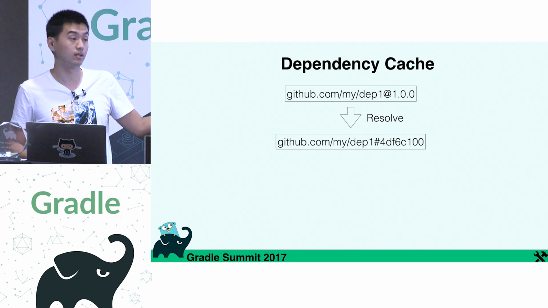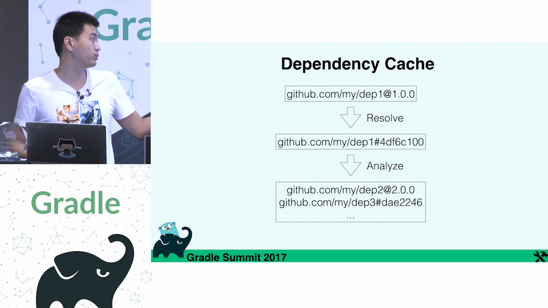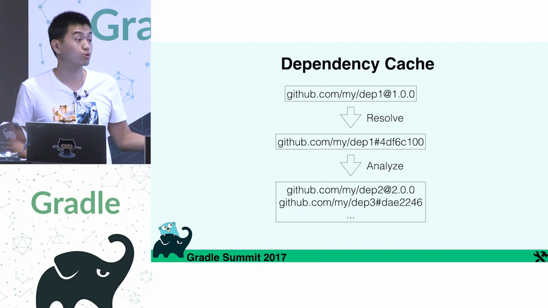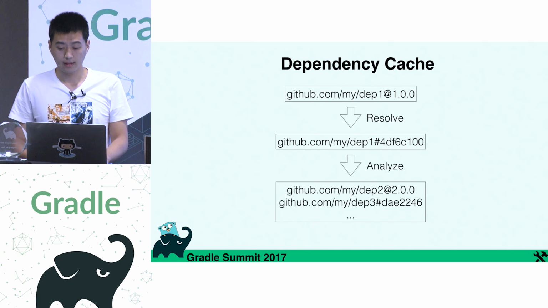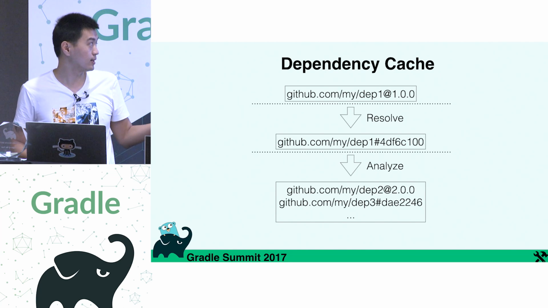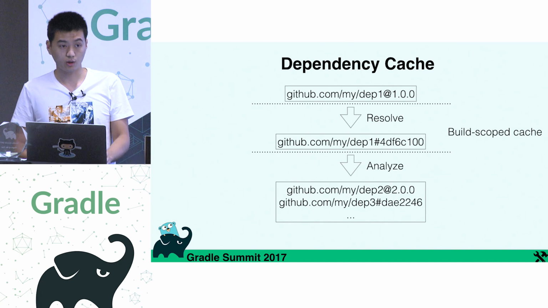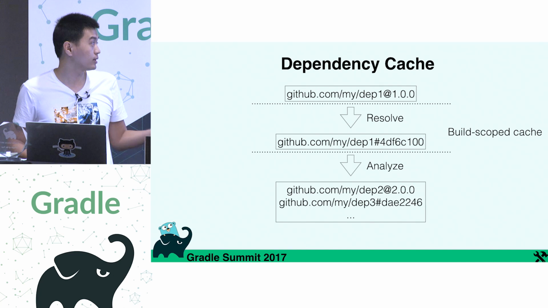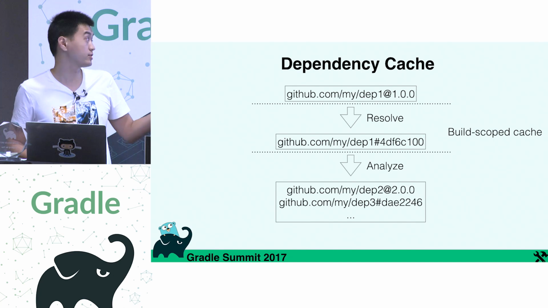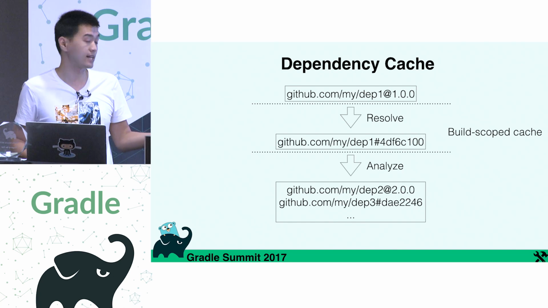Okay, it will not change, and then it will be analyzed to get the transitive dependencies, and so we can have some cache strategy because the resolution result can be cached at build scope because we just need to resolve once, and in this build we can reuse the result.